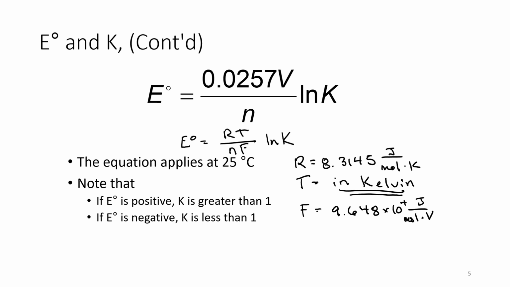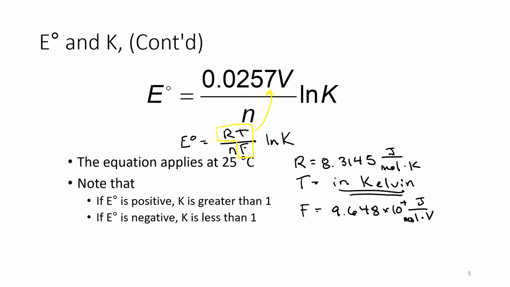Now again, if our temperature is 25 degrees Celsius, or 298 Kelvin, and only when that's the case, then RT divided by F is equal to 0.0257 volts.